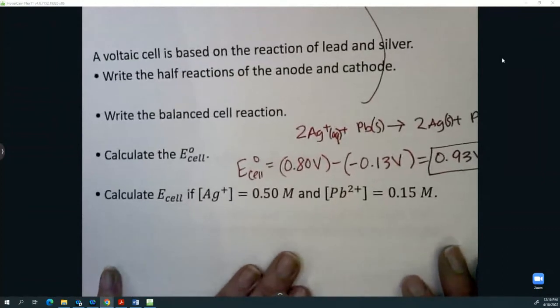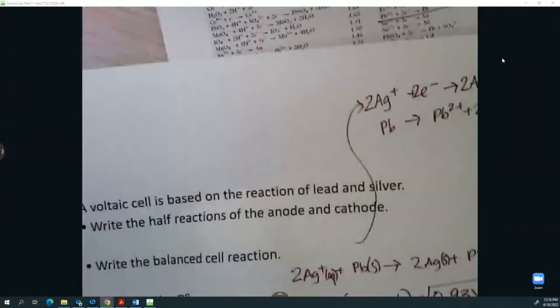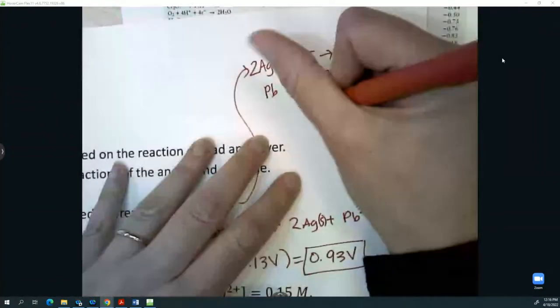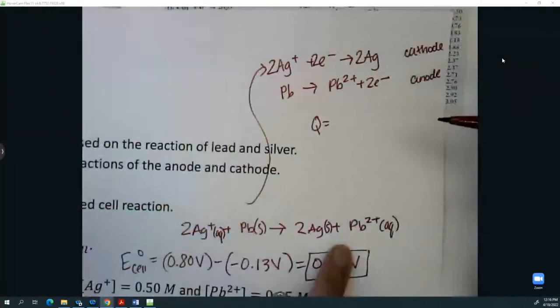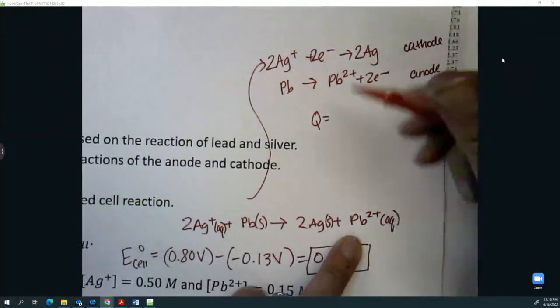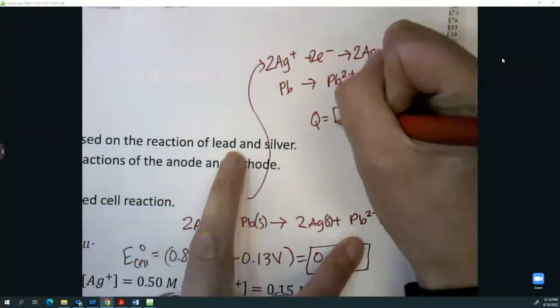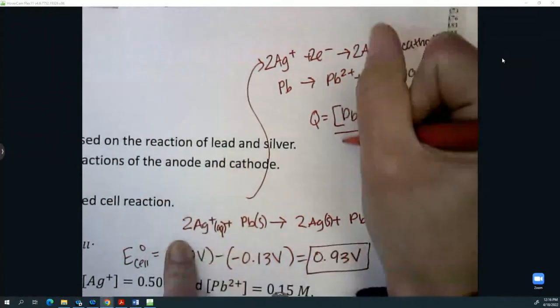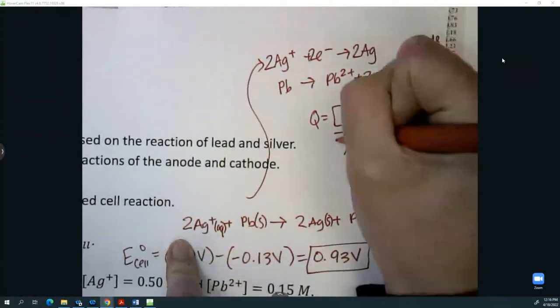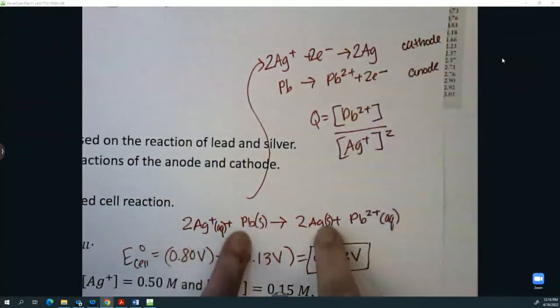All right, so then calculate the E cell if I have these other concentrations. Let me go back to my half cells. This is not written very well for this, so maybe it's easier from down here. The Q is, remember, products on top, just like a K, an equilibrium constant, reactants on the bottom. Stoichiometric coefficients become powers. Solids are excluded.